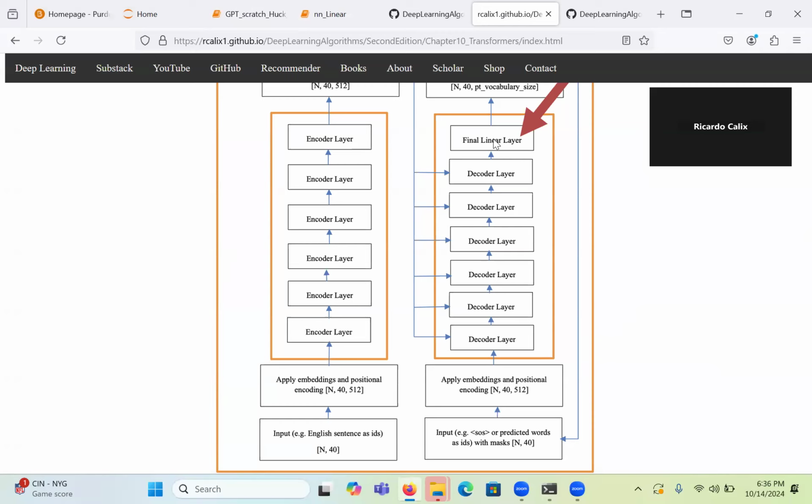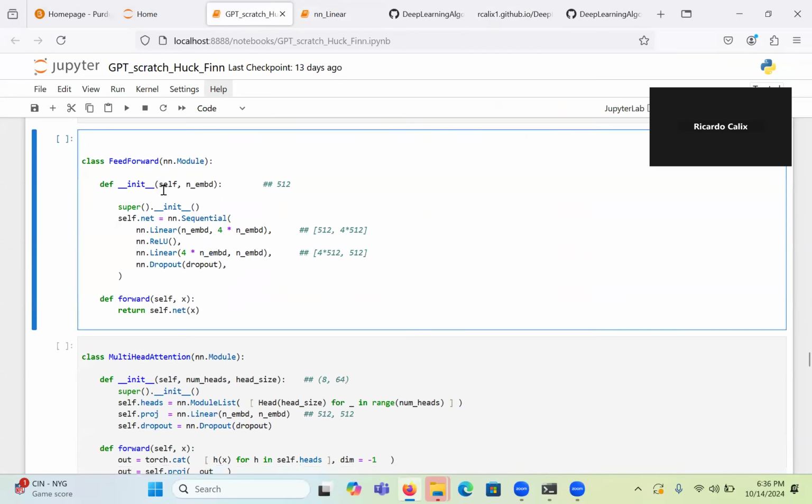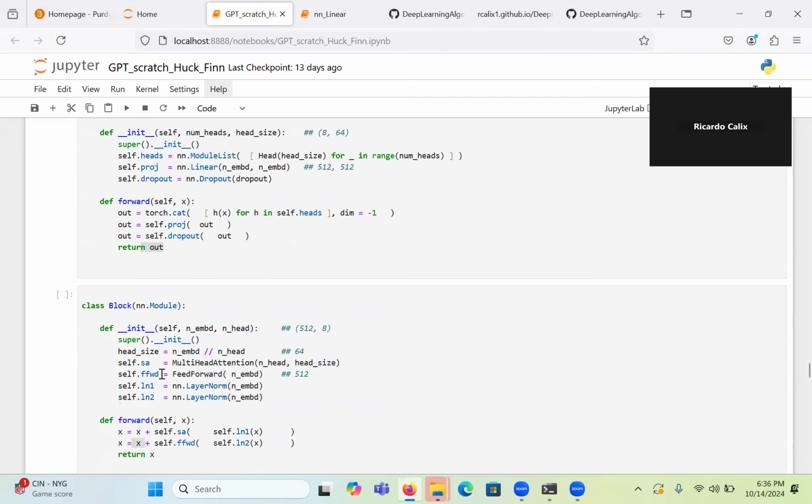Yeah, so the final linear layer is just that part of the architecture. So basically, we did the self-attention, right? And then what comes out of that is the input to this one, which is what we just did. Got it? At this point, the tensor always is n by 40 by 512. If you always keep that in mind, you can understand how the GPT works. So now we are at the end of feed forward, which is this one.